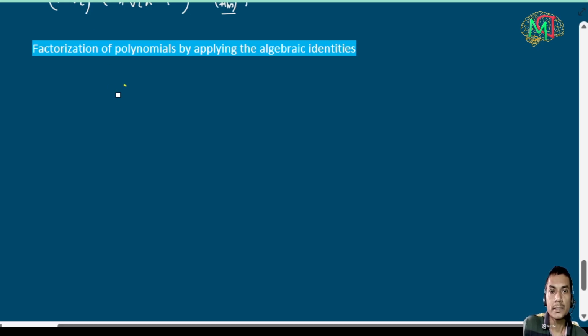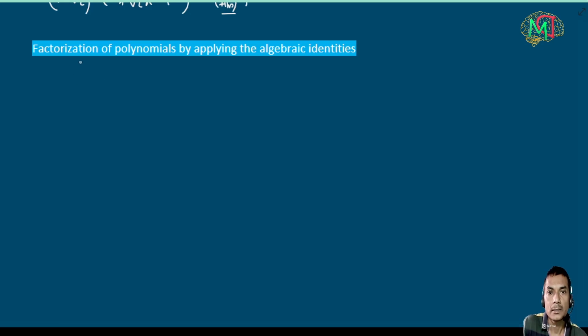So let's list out all the algebraic identities. First one, if we get a polynomial in this form, a square plus 2ab plus b square, then we can write this as a plus b whole square.